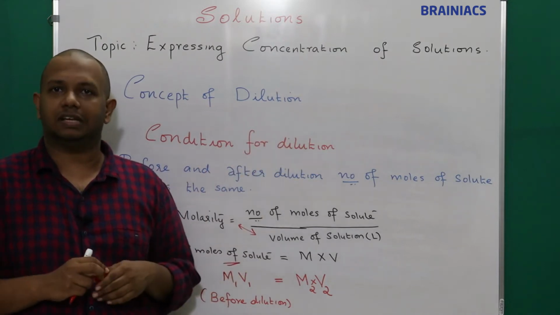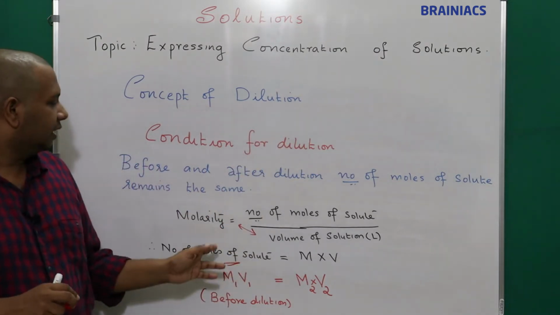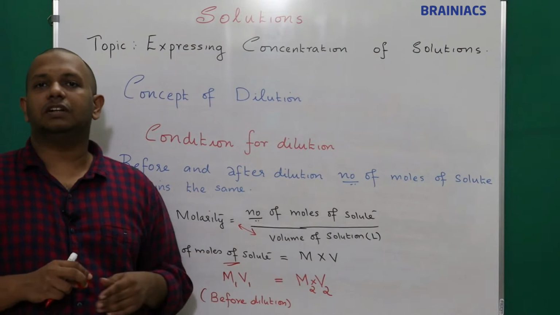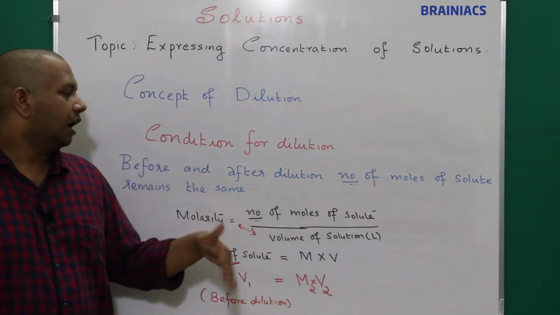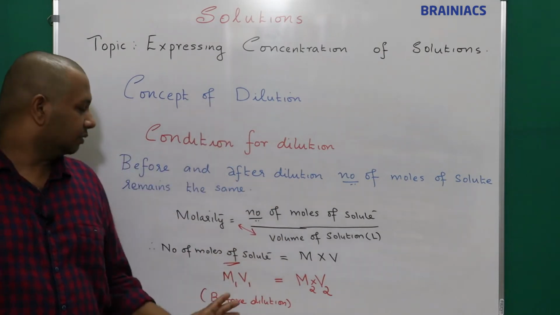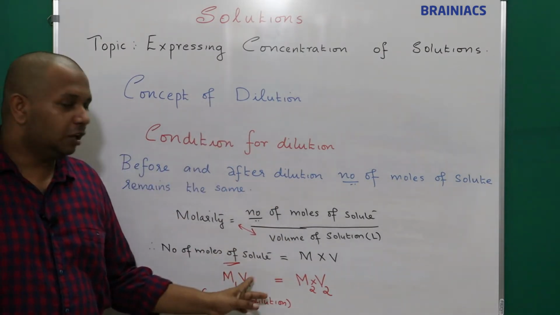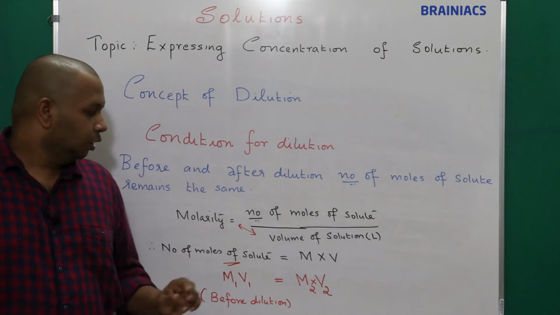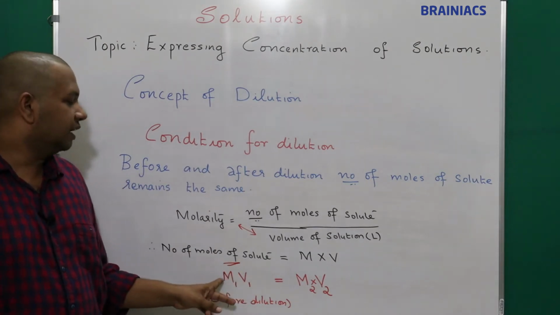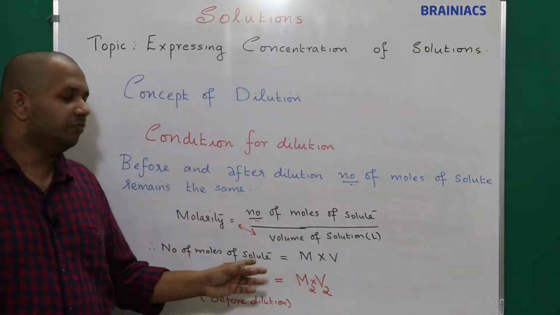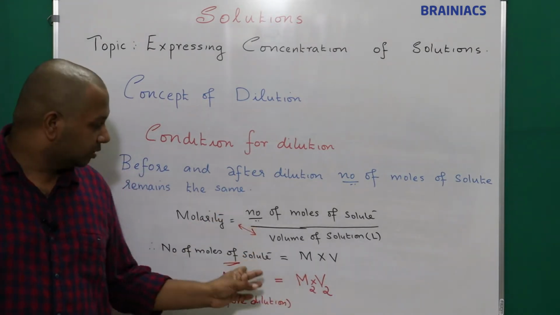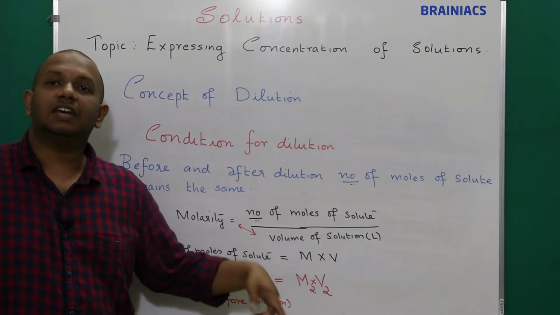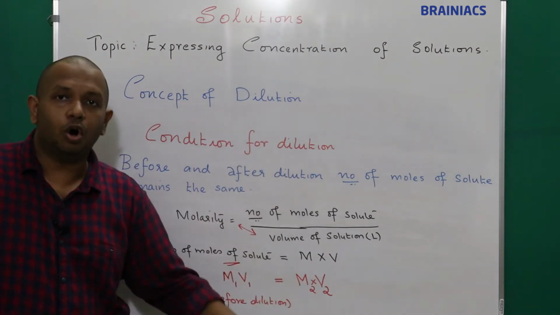We have seen why it is like that. The number of moles of the solute can be expressed in terms of molarity and volume of the solution. After dilution, the volume is going to increase, so V1 is a lower value and V2 is a higher value. If V1 is lower, then M1 should be higher, and only then will M1 V1 have a fixed value. M2 V2 also has the same fixed value, but V2 is higher, so surely M2 should go down.